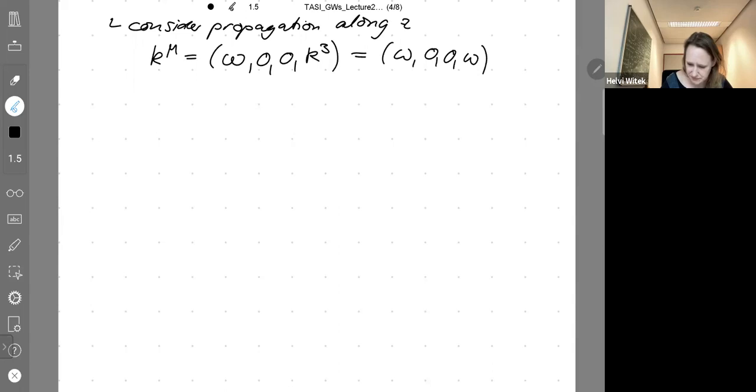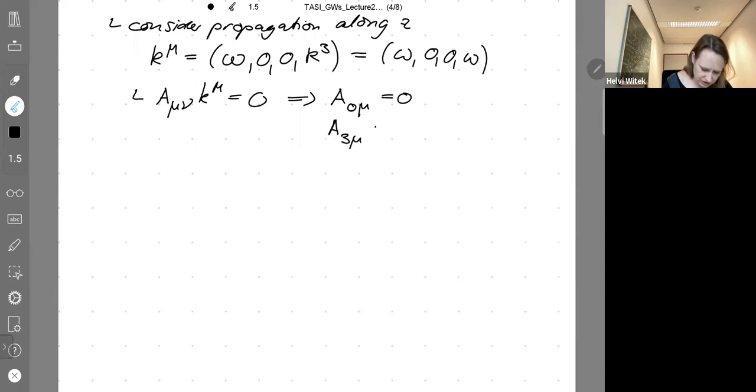Now, if we use the fact that we just showed before, that A^μν k_μ equals 0, then we find automatically that the components A^0μ equal 0. So the only non-vanishing components will be the 1 and 2 components.